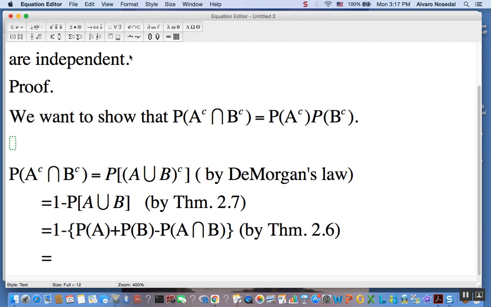So now I'm going to expand. I'm going to multiply by a -1 all these terms here inside that curly bracket.